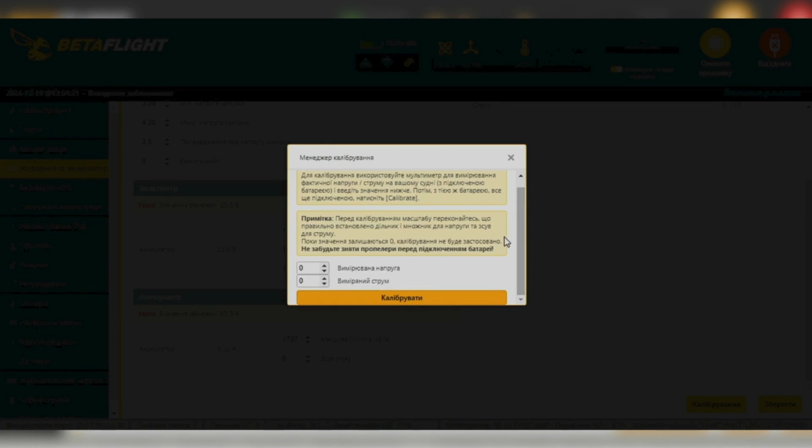To perform calibration, devices that measure voltage and current, such as a voltmeter or wattmeter, must be connected between the battery and the quadrocopter. The measured voltage and current are then input into the Betaflight configurator.